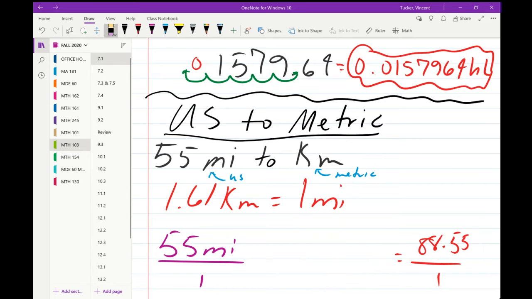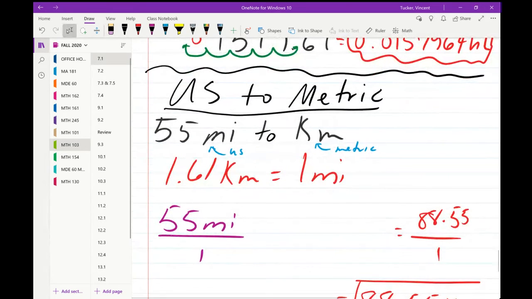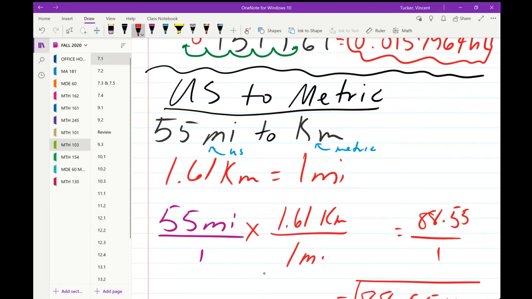So we have 55 miles, and we have this conversion factor of 1.61 kilometers equal to 1 mile. So I need miles down bottom. So I do 1.61 kilometers with the mile on bottom so that the mile can cancel. Mile over mile will cancel out for us.